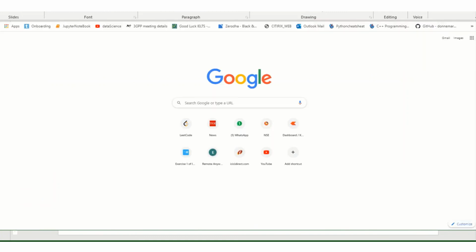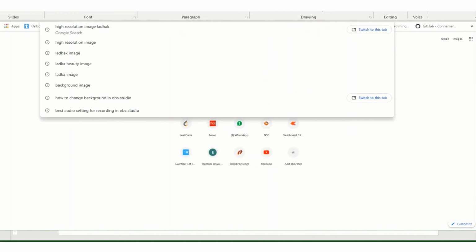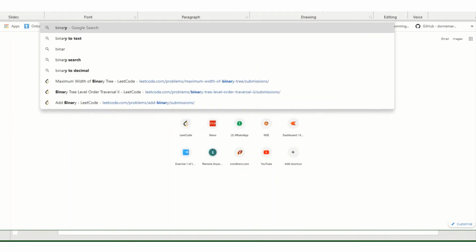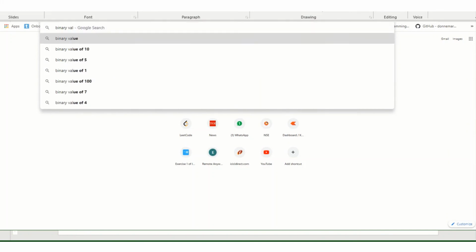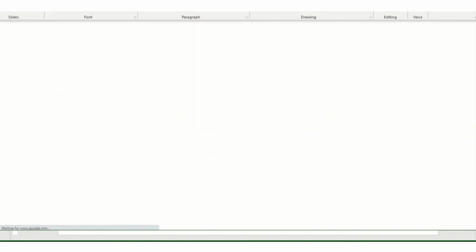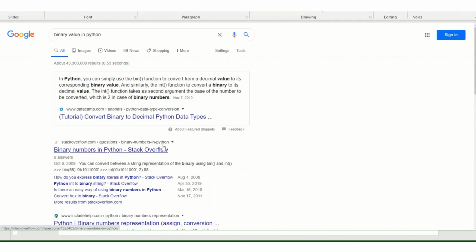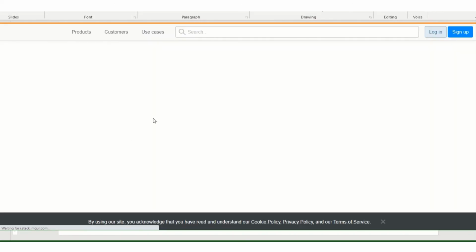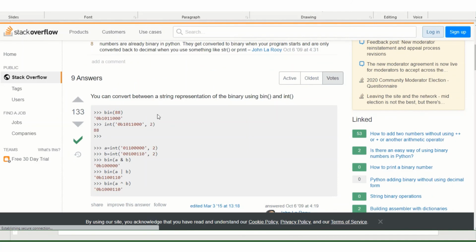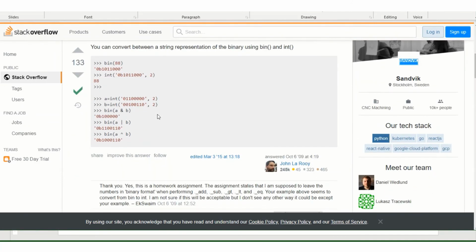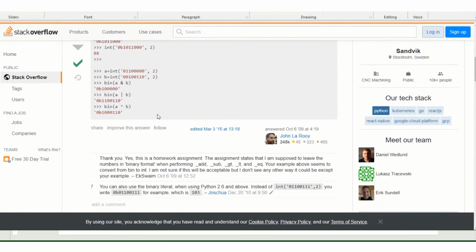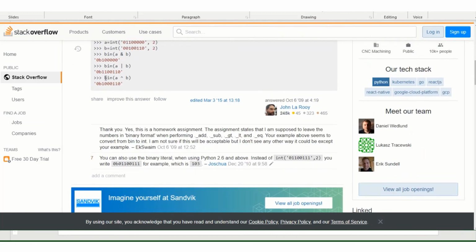There is one more way you can check the binary value in Python. You can simply type bin, then you will get that in binary.